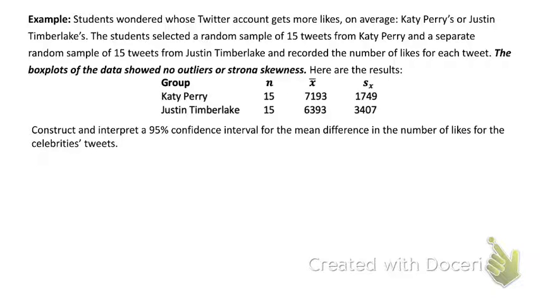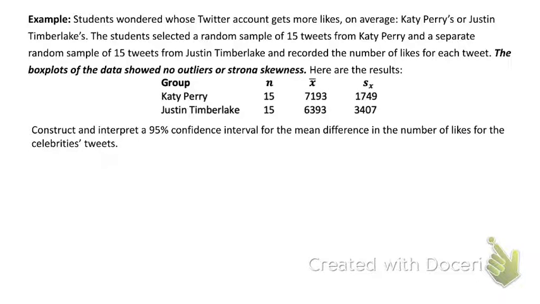Katy Perry, but look at the standard deviation for Justin Timberlake. He's got a bigger standard deviation. So who really gets more likes on average? That's why we're going to construct and interpret a 95% confidence interval for the mean difference in the number of likes for the celebrities' tweets.